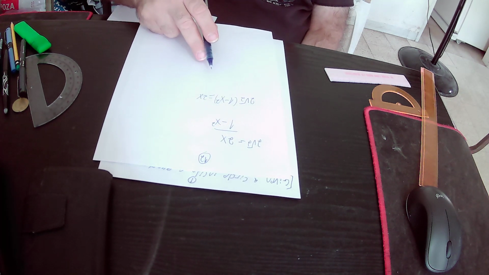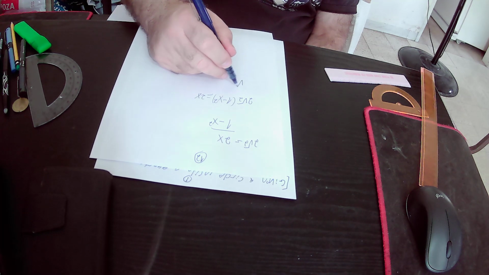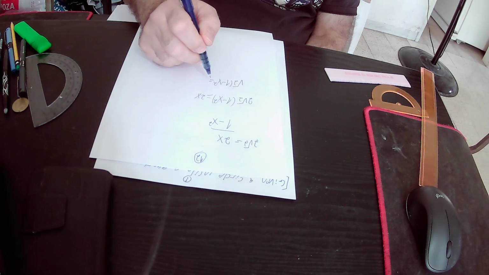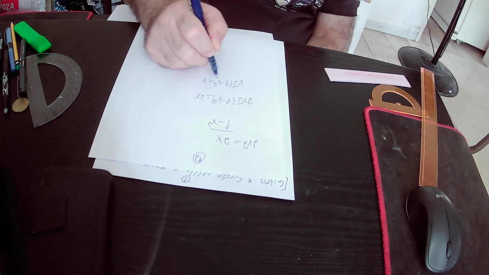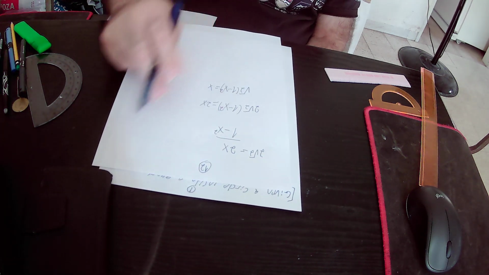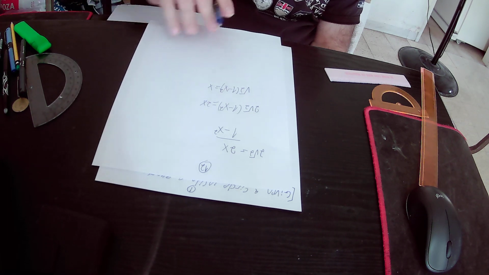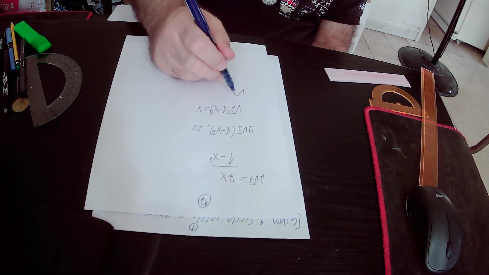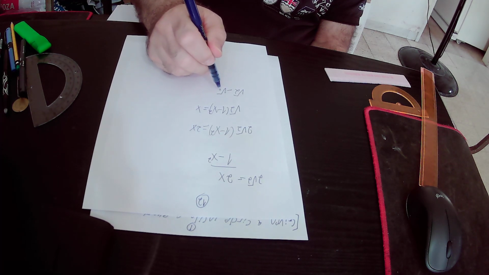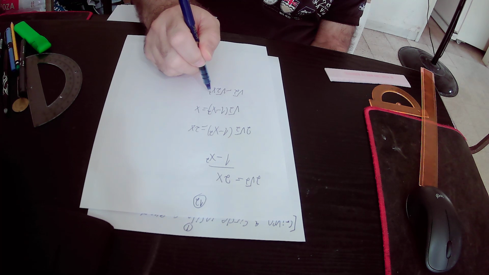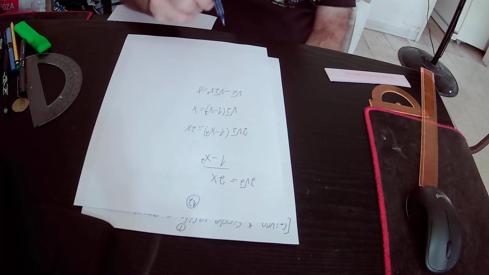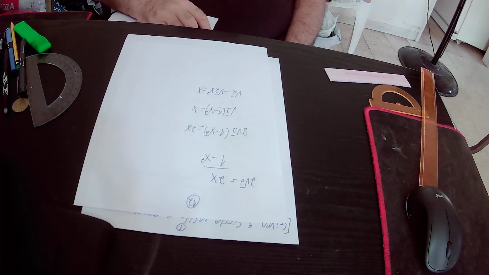Here we will divide by 2, and we will get root 2 times 1 minus x squared equals x. Opening the brackets, we get root 2 minus root 2 x squared equals x.